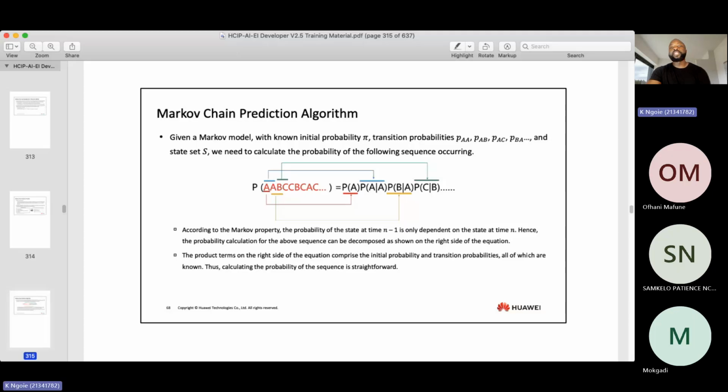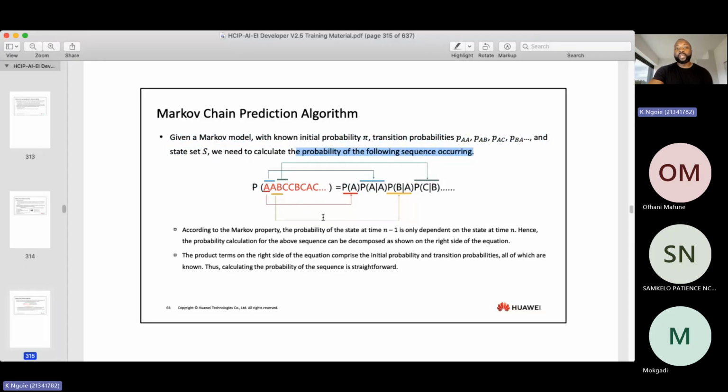Okay, so looking at the Markov chain probability here, this is how it's represented. This is showing you the sequence that we're having, and this is how the sequences are going to move. Given the Markov model with known initial probability pi, the transition probability, and the states S, all the possible states that we can have, we need to calculate the probability of the following sequence occurring.